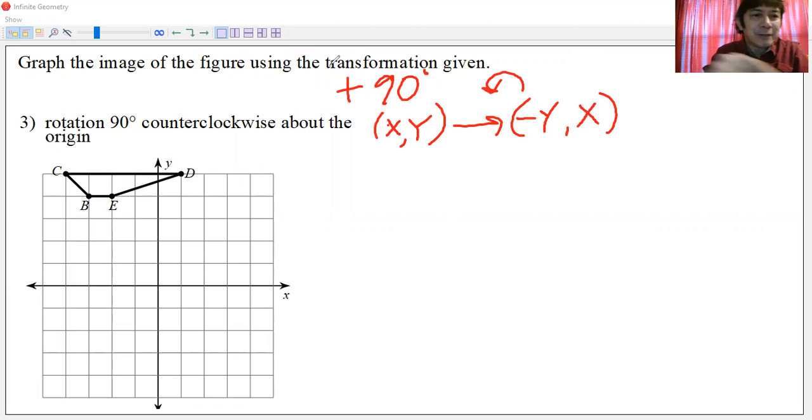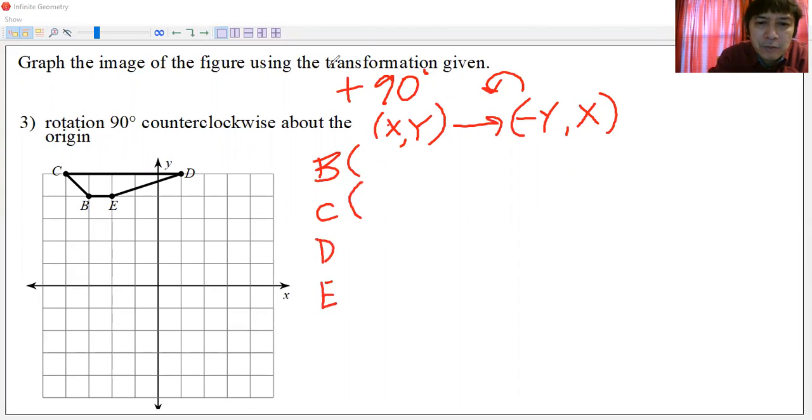All right, so let's start. This is alphabetized, B, C, D, E. So we'll gather the points now. Our B is (-3, 4). I just have to read carefully.